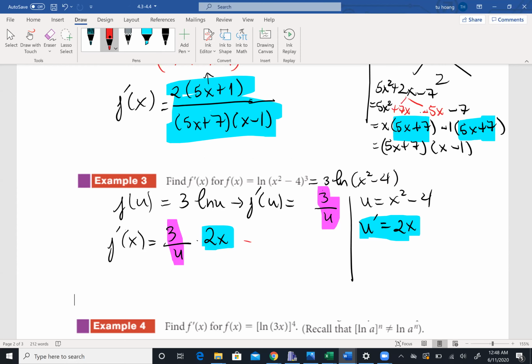Now you will get 6x over u, but u now I will change to become x squared minus 4. So that will be the answer of this problem, and you cannot cancel anything.